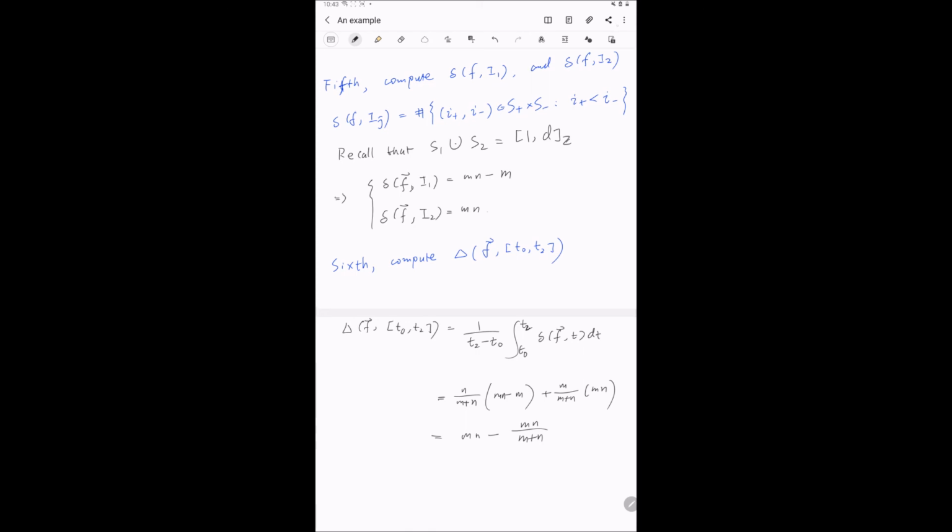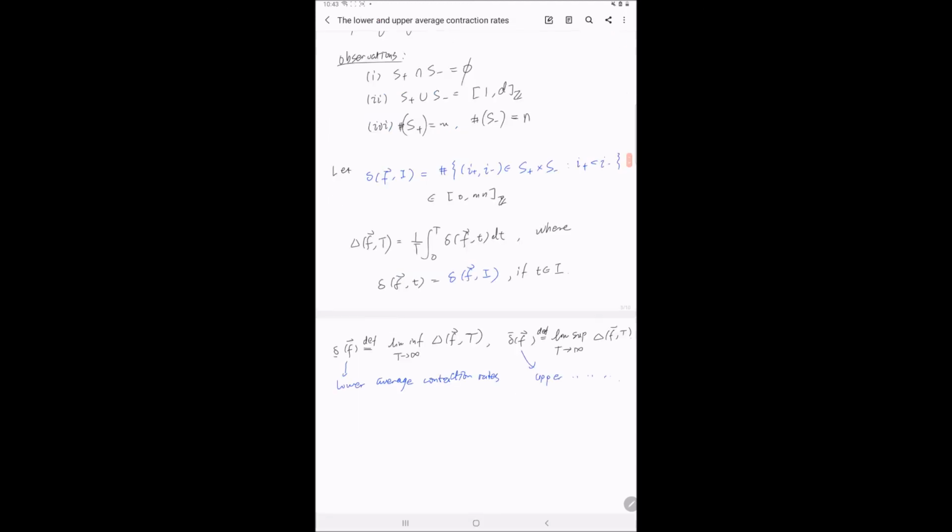And remember the lower and upper average contraction rates defined using the lim-inf and lim-sup, as in here.